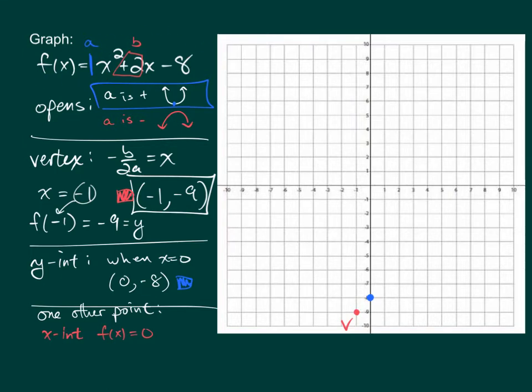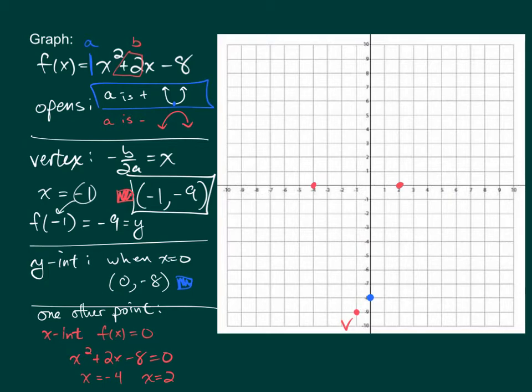So that means you could set x squared plus 2x minus 8 equal to 0 and do some factoring and get that x equals -4 and x equals 2. So now you just found two x-intercepts. Instead of one other point, you found two other points. So that's one thing you can do.